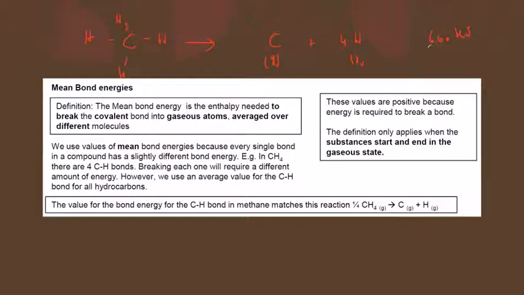For 1 bond, this should be divided by 4, which equals 150 kilojoules per mole. This value, 150 kilojoules per mole, is known as the mean bond enthalpy, the average energy required to break 1 bond within the structure to produce atoms in a gaseous state.